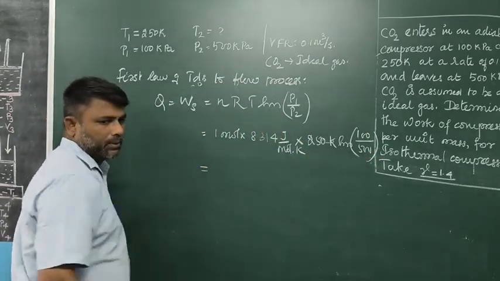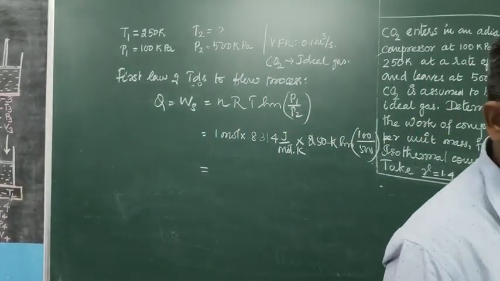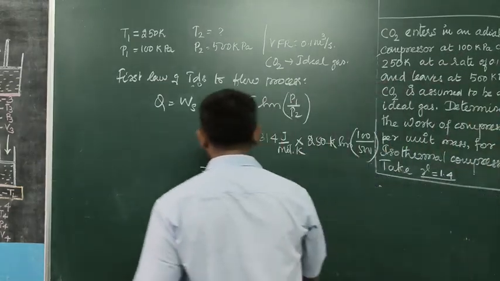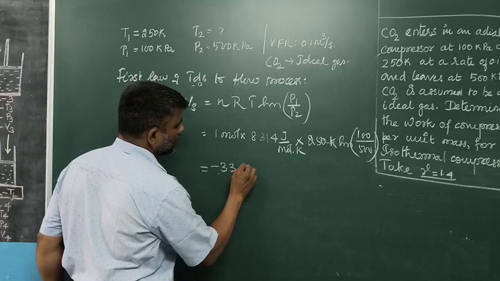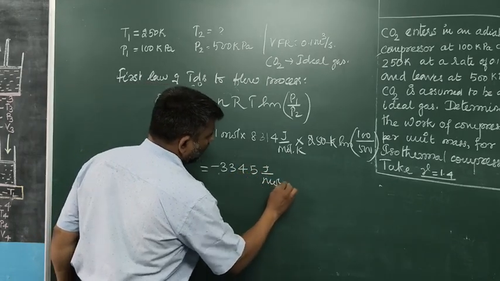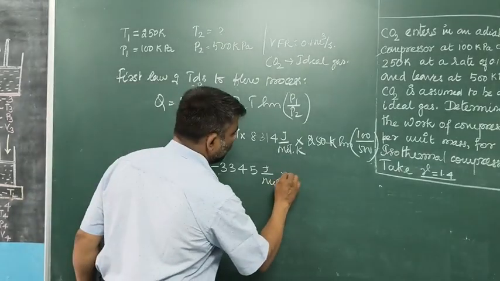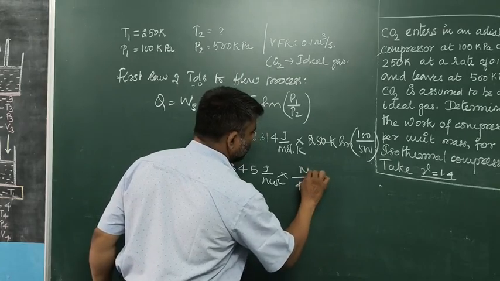The answer becomes minus 3,345 joule per mole. In order to cancel mole, you have to divide by molecular weight, 44 gram per mole.